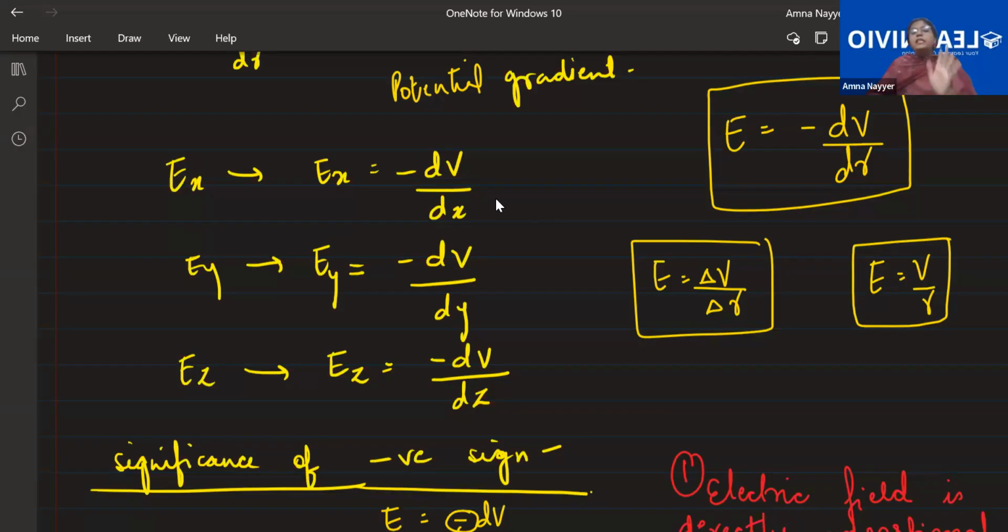Or for y it will be minus dV by dy, the change with respect to the y-axis. Or minus dV by dz, the change with respect to the z-axis. So x-axis, y-axis, z-axis, if axes are specifically mentioned.